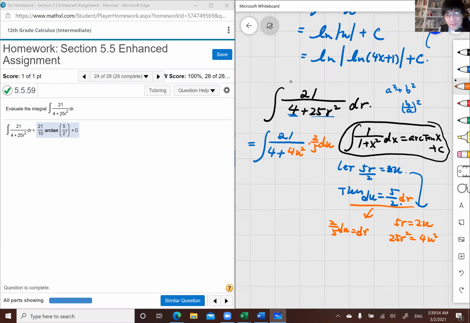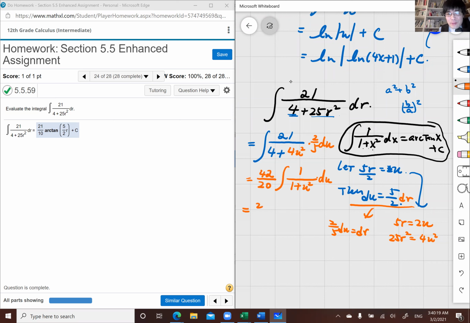Now you can put 5 and 4 and 2 out, and 21 out. So the numerator is going to be 42, and in the denominator, you put 20 out. Then the numerator becomes 1 du, and the denominator, after factoring out 4, is going to be 1 plus u squared. So now you can use the arctangent formula.